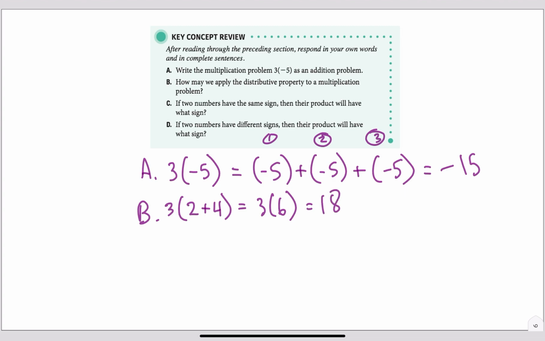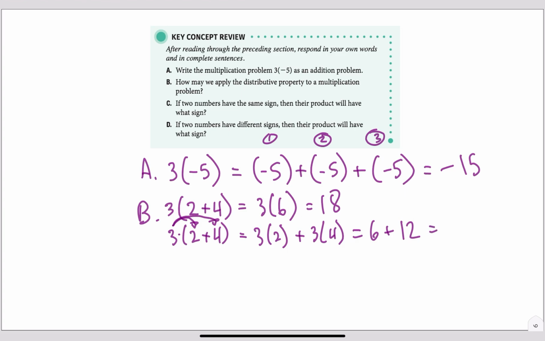But I could also choose to distribute the 3 and say, well, that's 3 times 2 plus 3 times 4. Let's see if that's still true. 3 times 2 is 6. 3 times 4 is 12. 6 and 12 is 18, so it checks out.